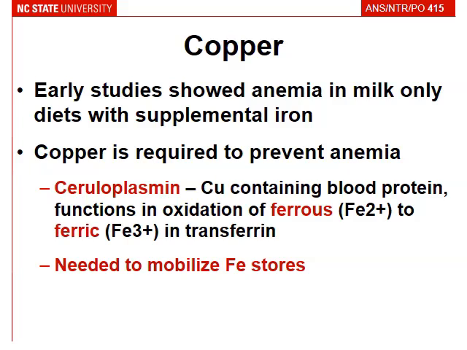So we transport our iron as ferric iron, bound to transferrin, but we store it as ferrous iron because that's less reactive. So if we do not have copper, we're unable to make ceruloplasmin, and therefore we're unable to mobilize our stored iron from our liver, because we're not able to change it between the ferrous and the ferric and transfer it to our tissues that need it.